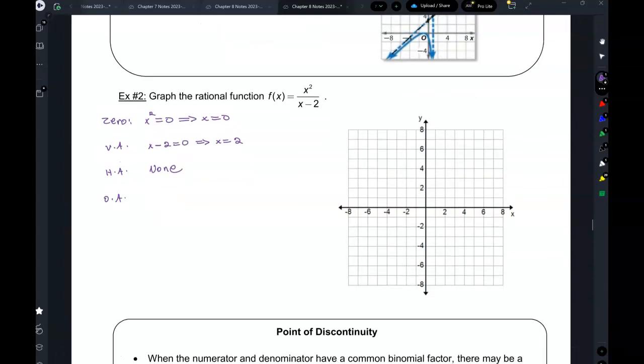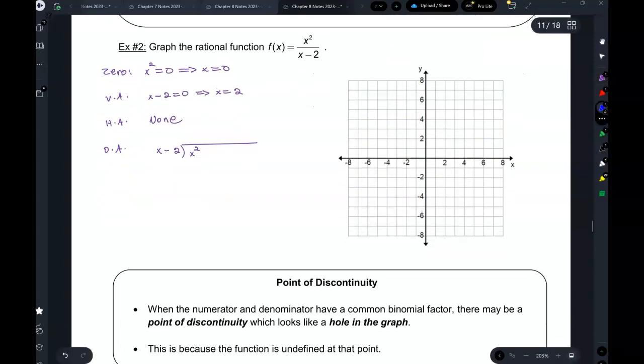To find the oblique asymptote, I have to divide this polynomial. Let's do long division. x squared divided by x, I'm going to get an x. Multiply through, and I get x squared minus 2x. Now I need to add a plus 0x here for this to work, right? Remember what we did at this point? We change the signs and we add.